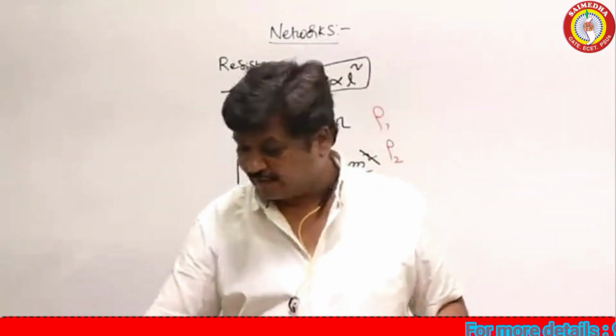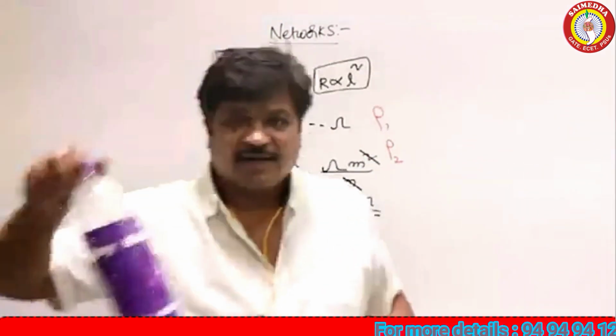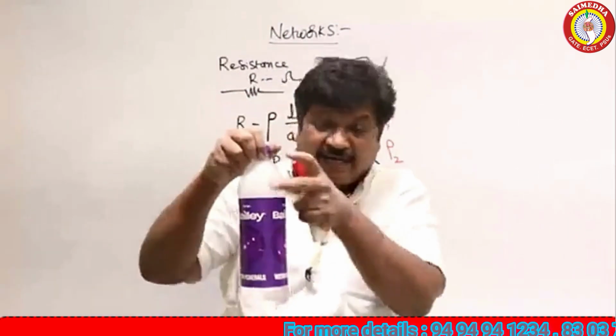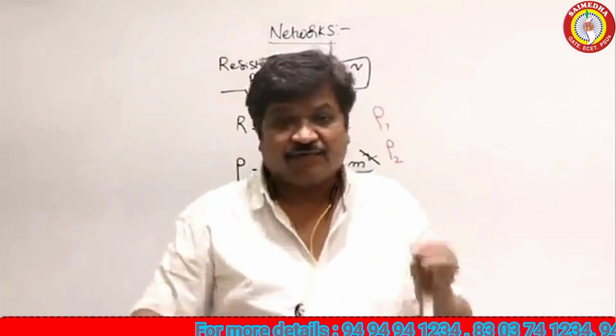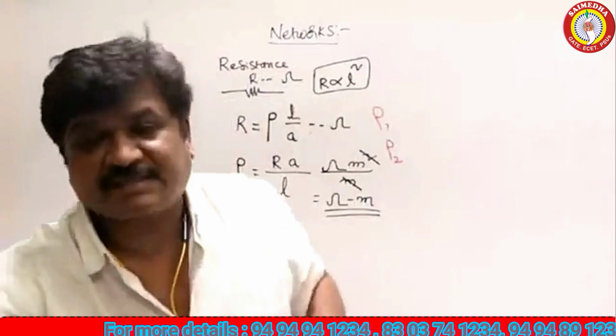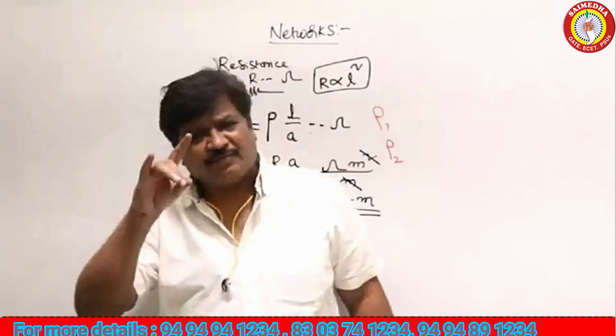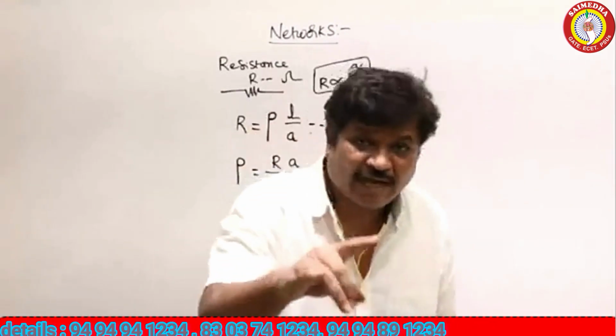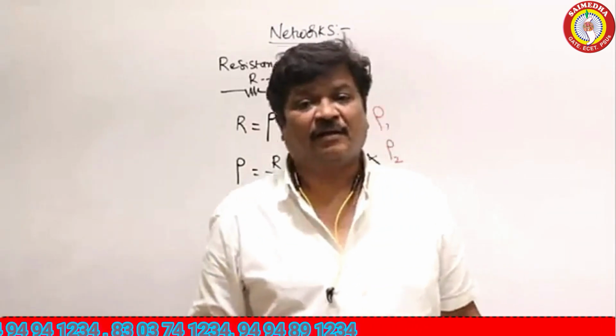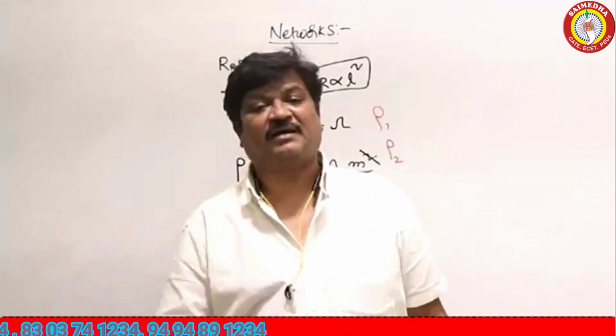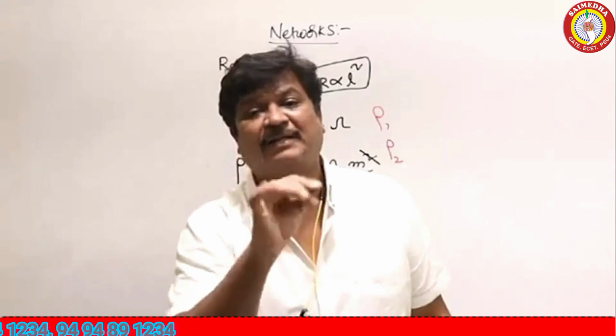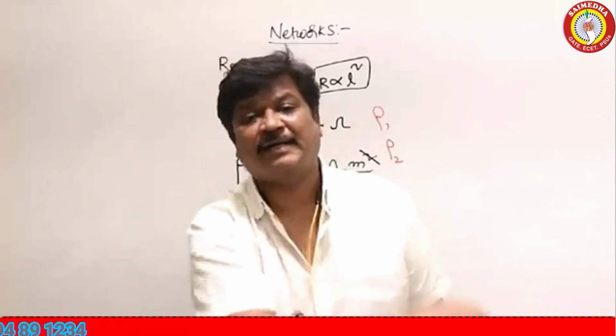If you take this water bottle, it is made with some other material, it has some resistivity. If you take this marker, it has some resistivity. Like that, copper will have some resistivity, aluminum will have some resistivity, gold will have some resistivity. That will not depend upon the length and area.